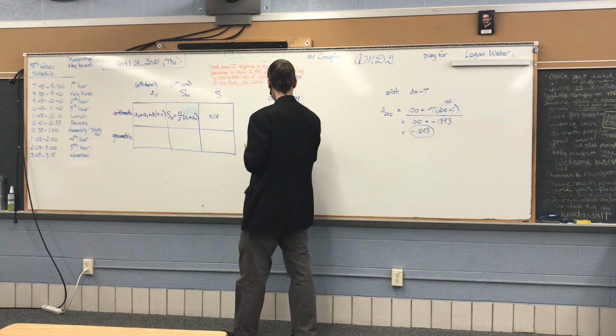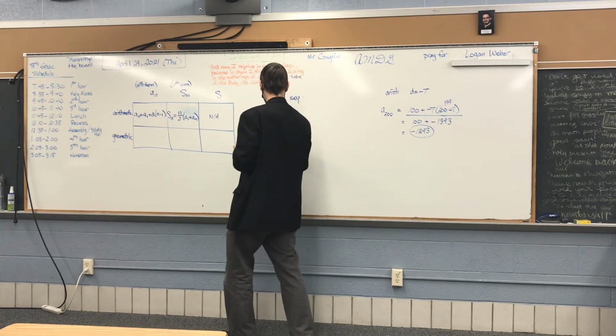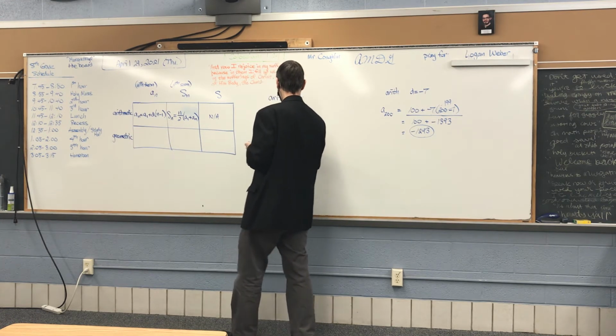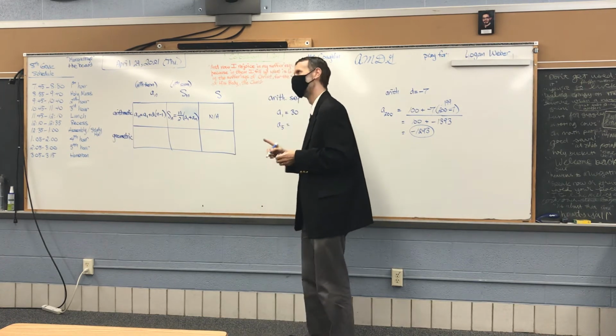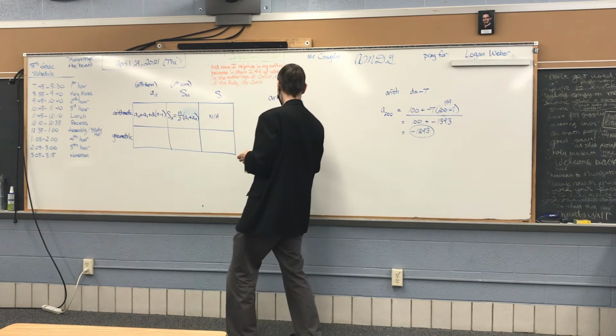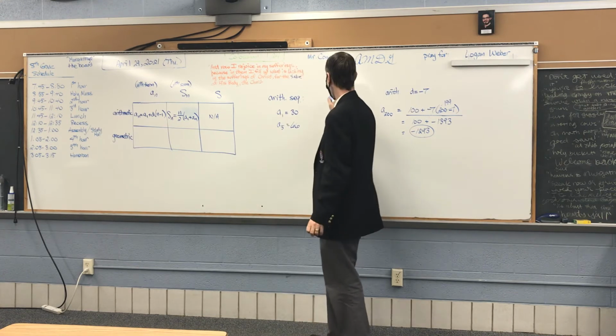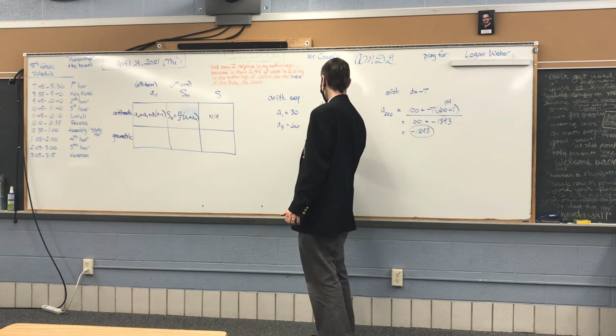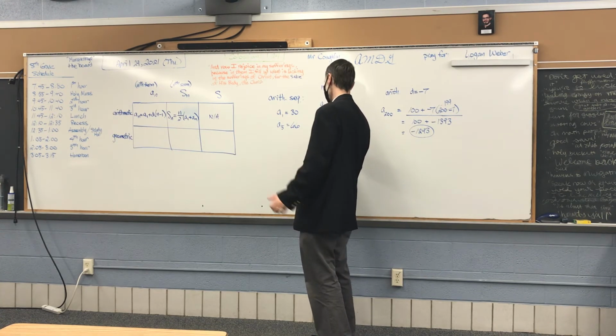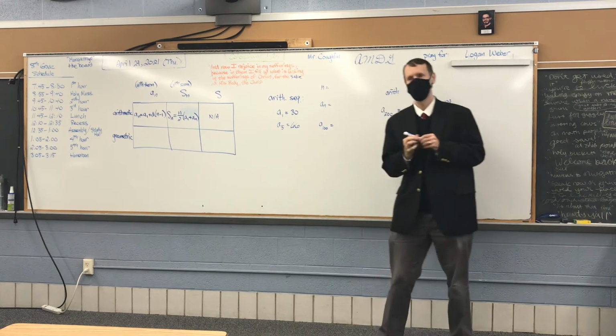A1 is 30. A5 is 66. Find n, find a sub n, and find a sub 100. In that order.